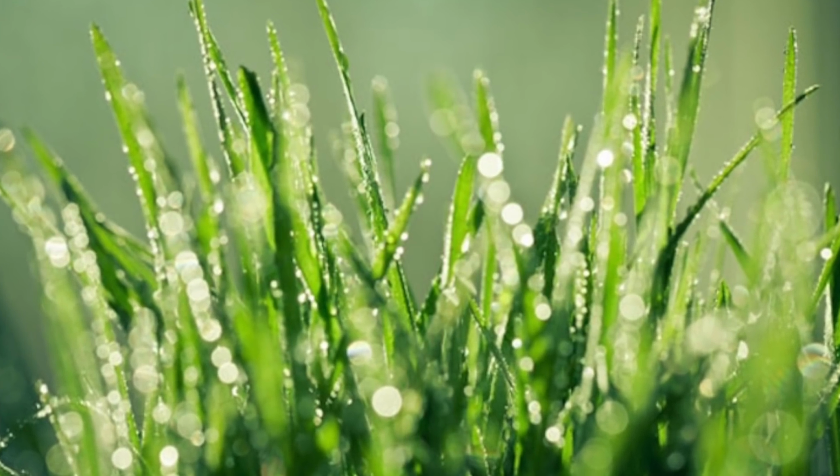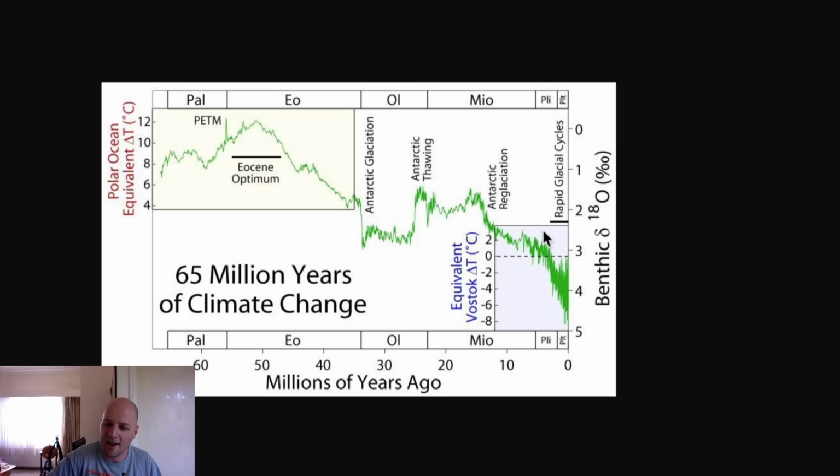Now, what's actually happened here is that in the Ice Age, there have been very, very low CO2 levels. Extremely low CO2 levels. And this actually means that grass has been able to grow quite easily compared to trees. The trees have suffered.